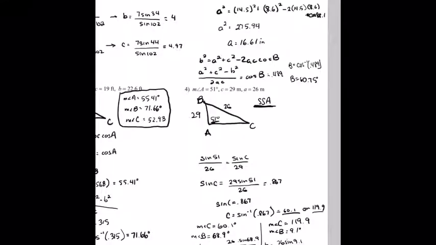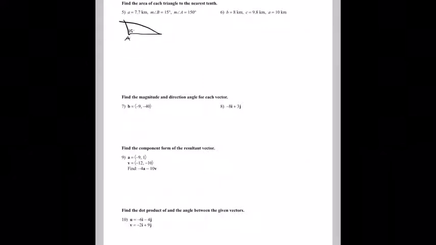So we need to figure out what we've been given here on question 5. So we have a triangle, angle A is 150, angle B is 15 degrees, and side A is 7.7.